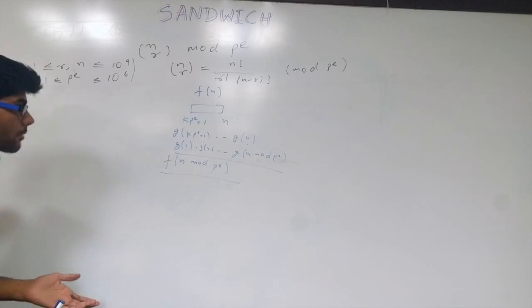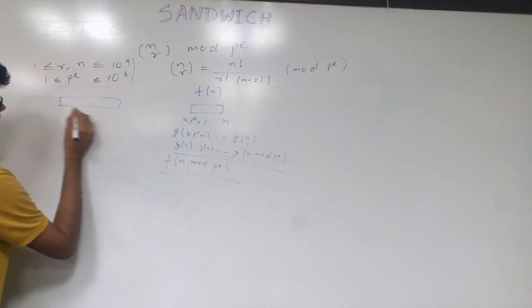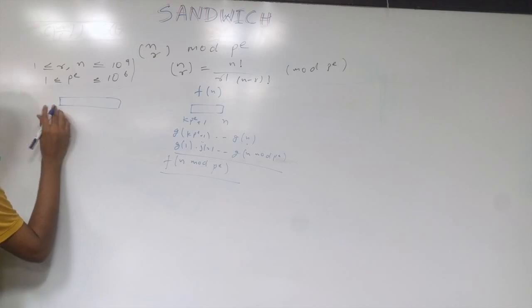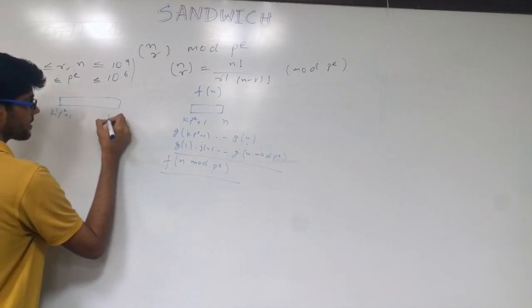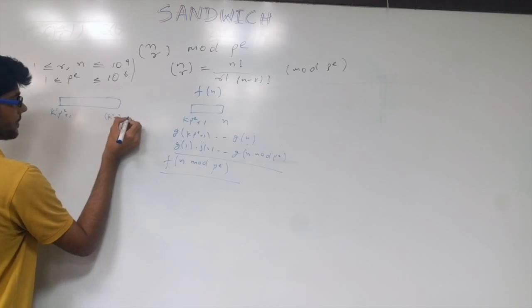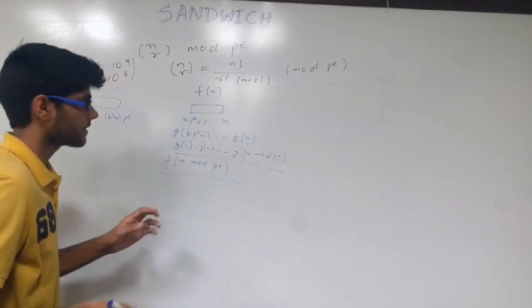The product of any other block, which starts at some k'p^e plus 1 and ends at (k'+1)p^e, covers all the numbers from 1 to p^e.